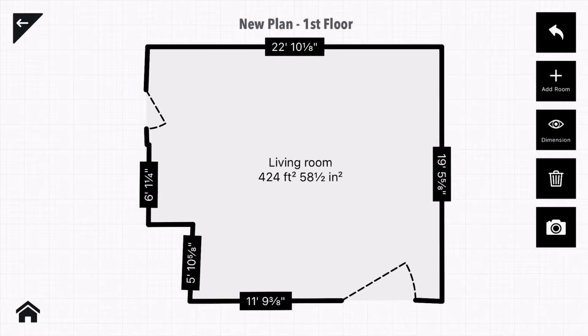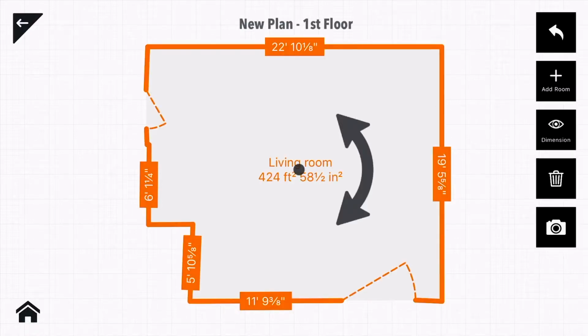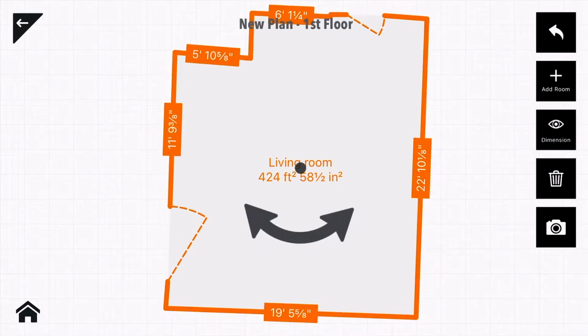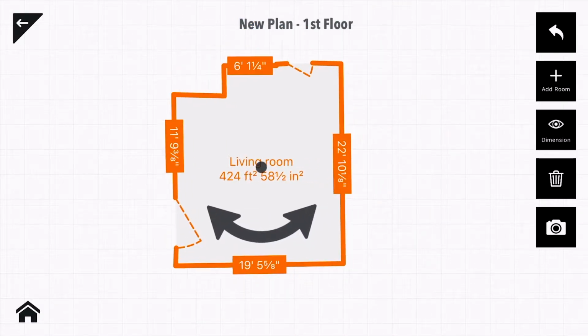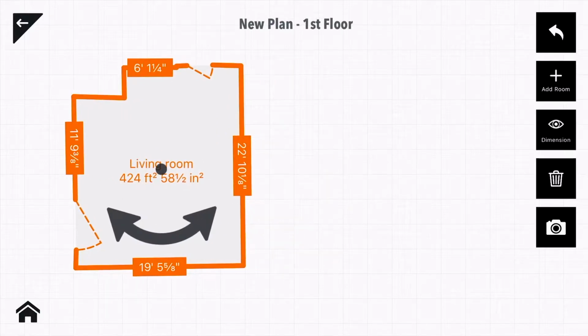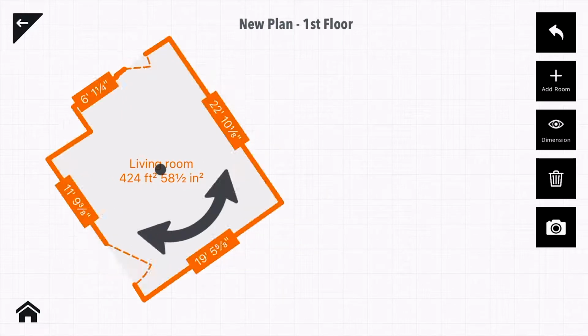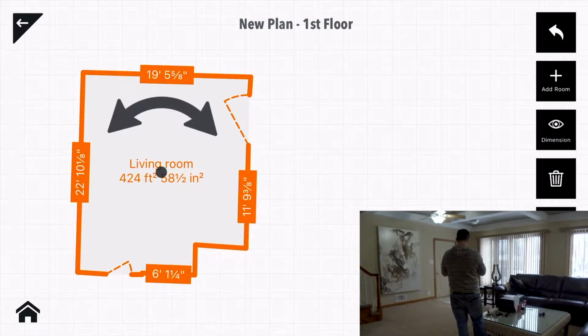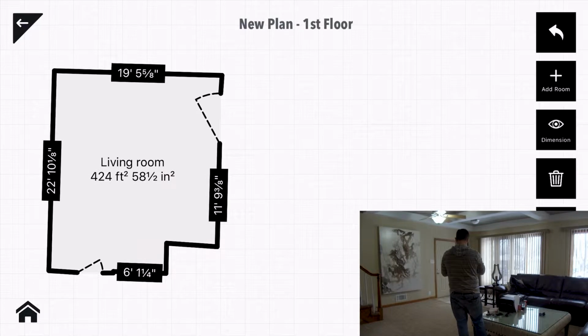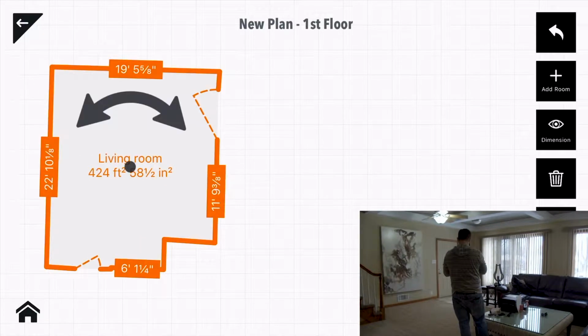Okay. Now once you're into this part of the app and you've generated your floor plan, you can click on it, you can rotate it, you can shrink it down, you can drag it with one finger, you go to the rotating arrows, you can rotate it like I said, spin it around, and then you can turn it on and off and drag it just by clicking on it.